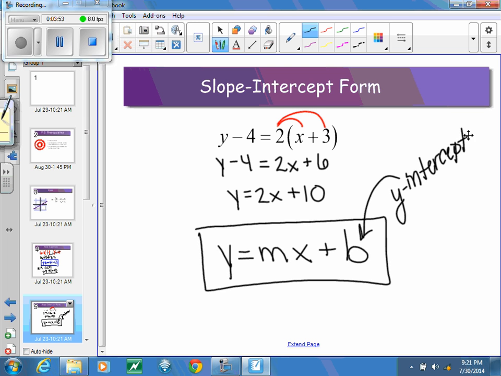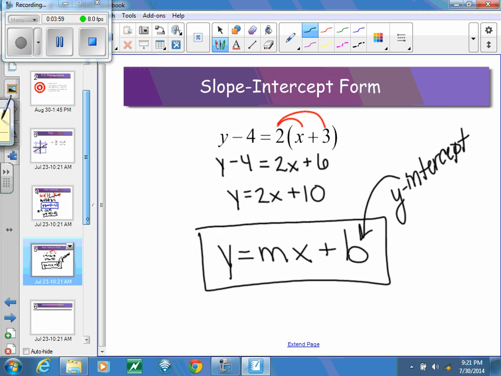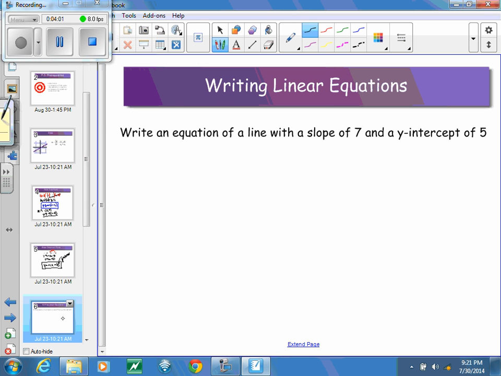So these are two formulas that we'll be using, not so much the point slope, but definitely the slope-intercept form that we'll be working with. Let's say you wanted to write an equation of a line with a slope of 7 and a y-intercept of 5. You could write this out in two different equations. Probably the easiest one that we will do is just y is equal to 7x plus 5. There's your slope-intercept form.